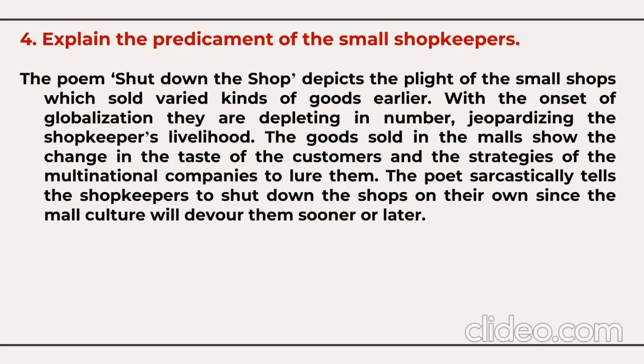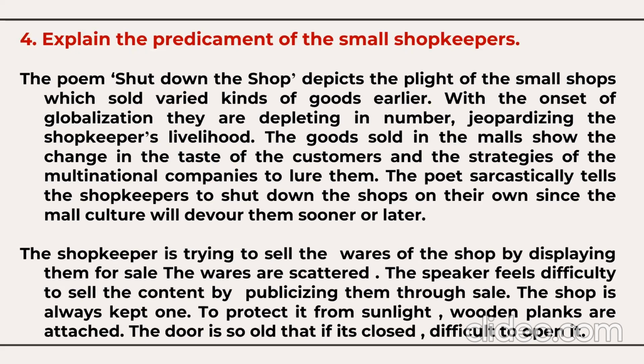The goods which are sold in the malls show the change in the taste of the customers and the strategies of the multinational companies to attract them. The poet sarcastically tells the shopkeepers to shut down the shops on their own, since the mall culture will devour them sooner or later.